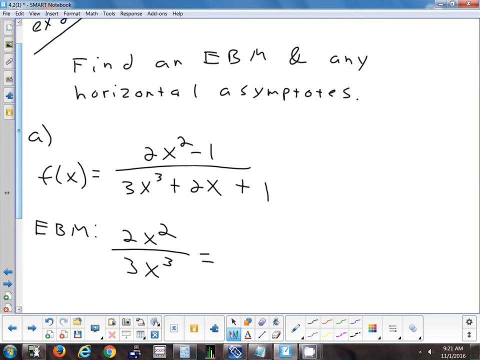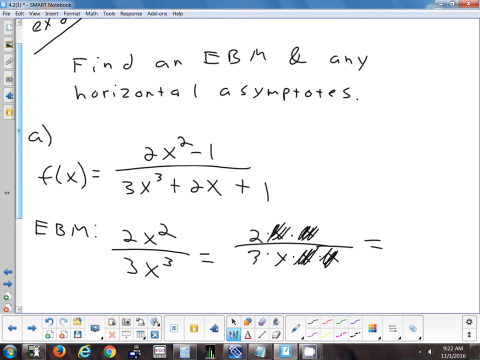Okay, now when I divide these, all my x's are going to cancel out from somewhere. Am I going to be left with x's in the top or in the bottom? I'm going to be left with some in the bottom because the exponent, 2 minus 3, is negative 1. Or if you don't like to think about negative exponents, think about it this way. You've got 2 x's in the top, so you can cancel 1, 2 in the top with 1, 2 in the bottom.